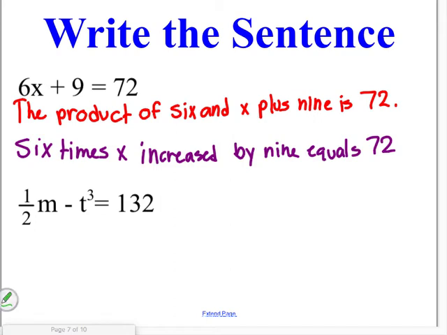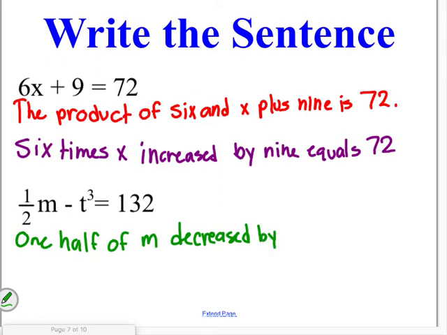An example for the next one. 1/2 of m decreased by a number cubed is 132.